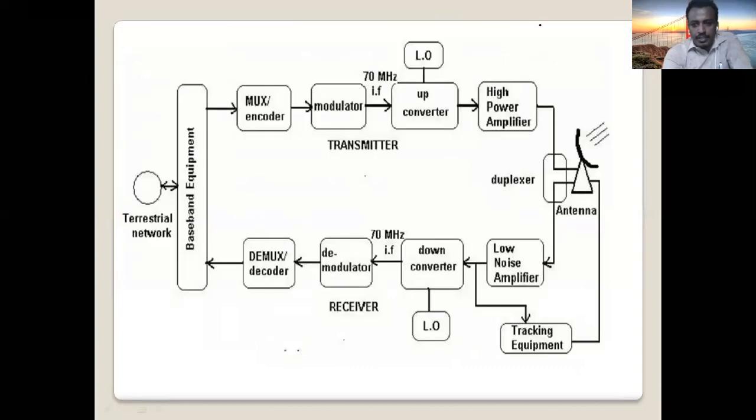We said we transmit how much? 6 gigahertz uplink, right? Now the antenna receives downlink 4 gigahertz. As I said, the downlink frequency is always less than the uplink frequency. So 4 gigahertz comes from the satellite.